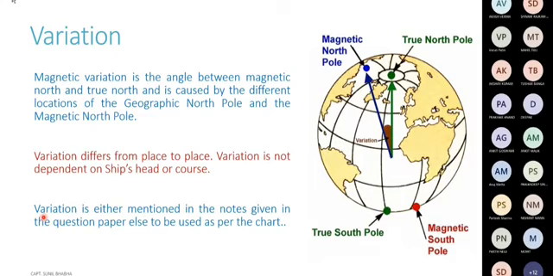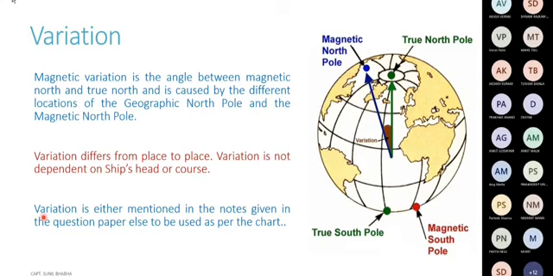This is a standard value to be used when you are plotting any of the Chartwork questions on the chart. It is mentioned in the notes which are given on top of the paper. So that is one way in which variation can be provided to you. It can be simply picked up and used irrespective of where the ship is, anywhere on the chart.